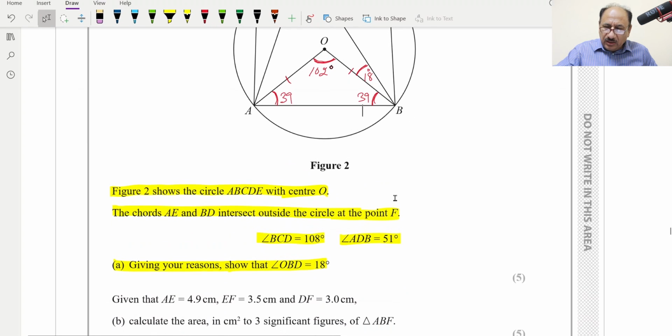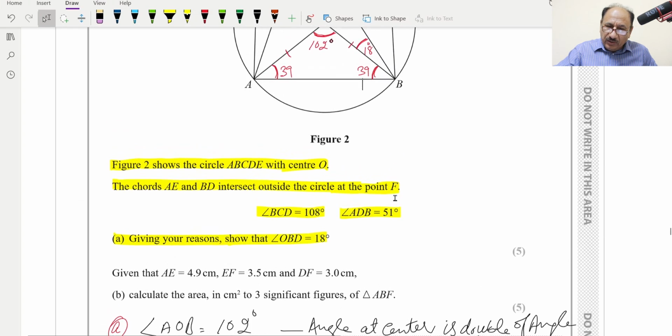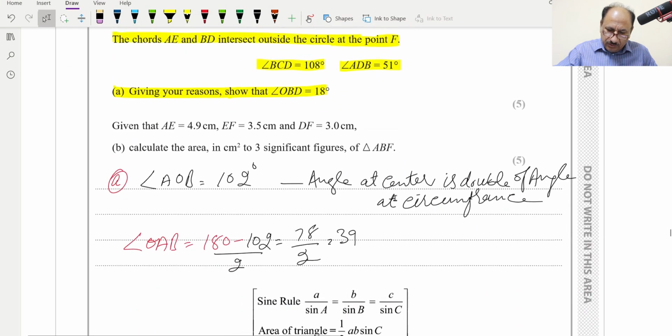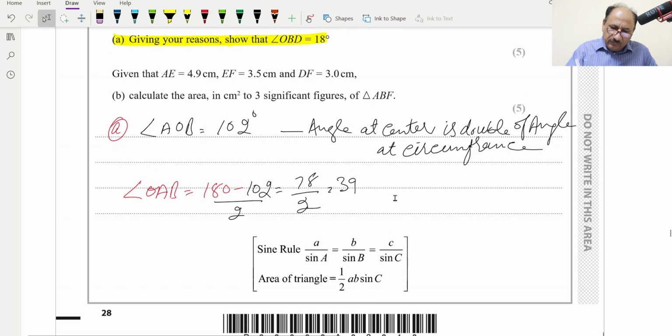This is basically a 5 mark question, so at least five steps will be required. So we can write the reason for this.